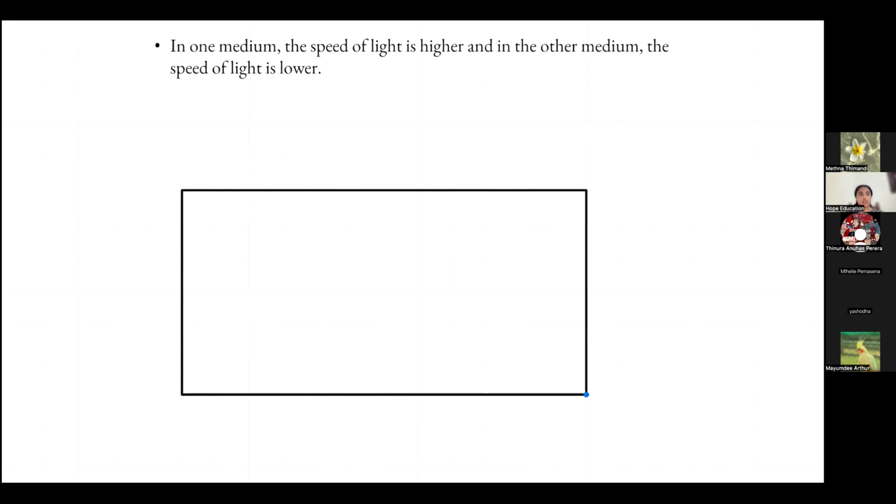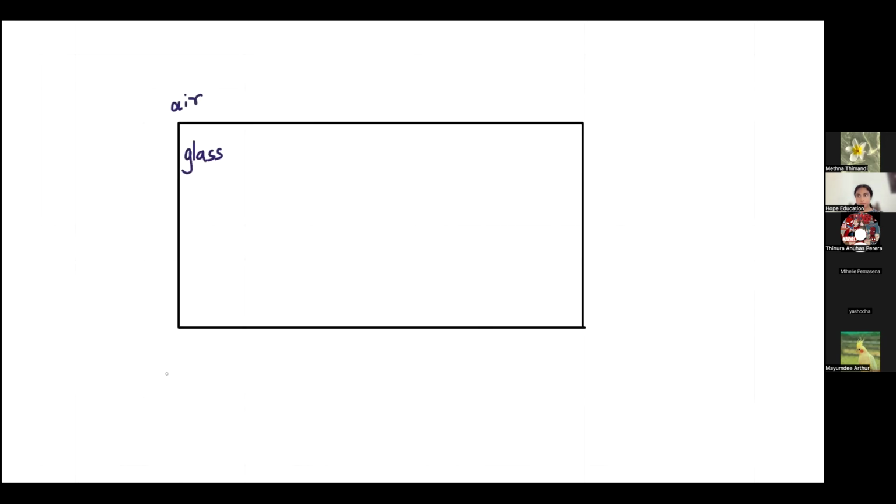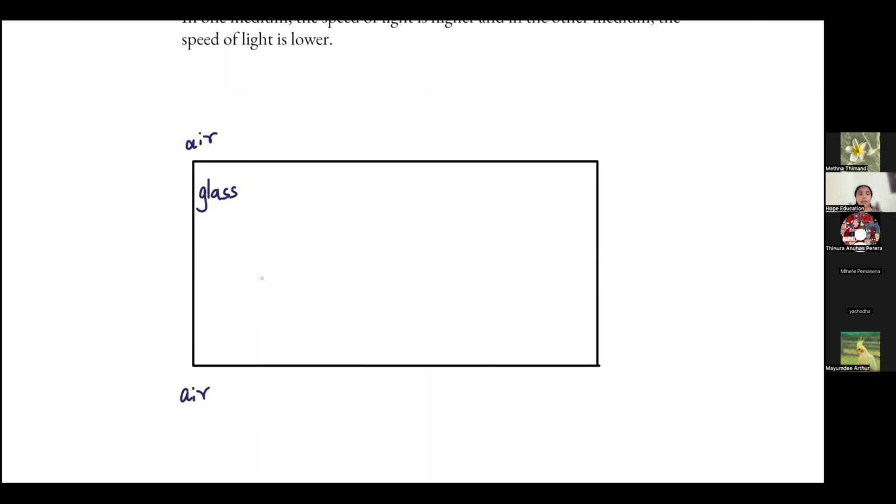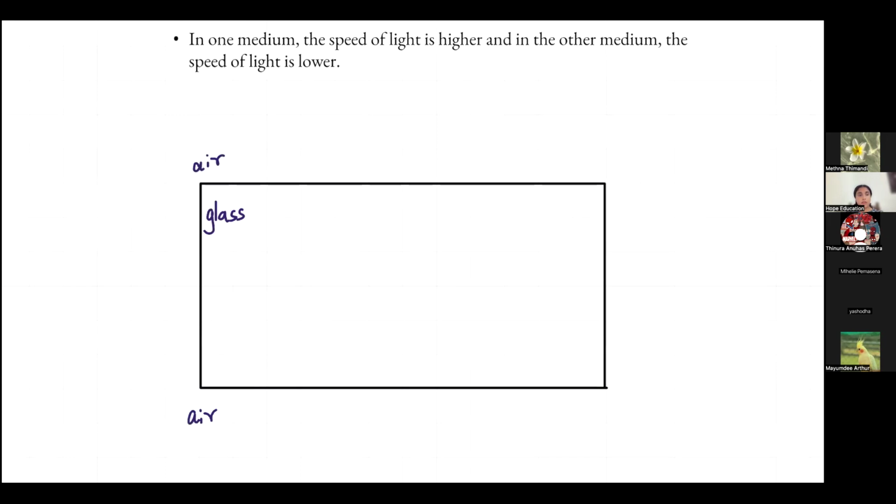So this is glass. Here we have air and here we have air. Now I'm going to send a light ray from here like this. Don't draw anything.